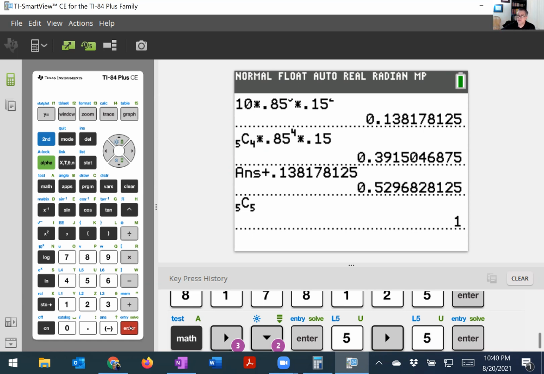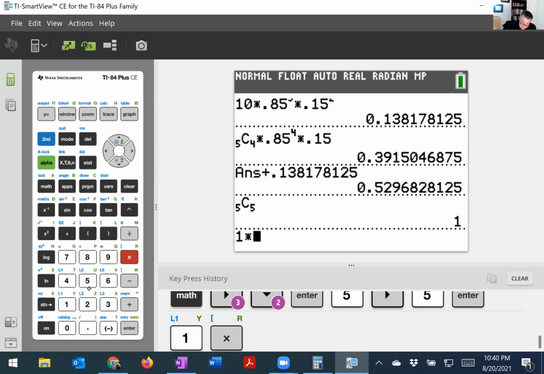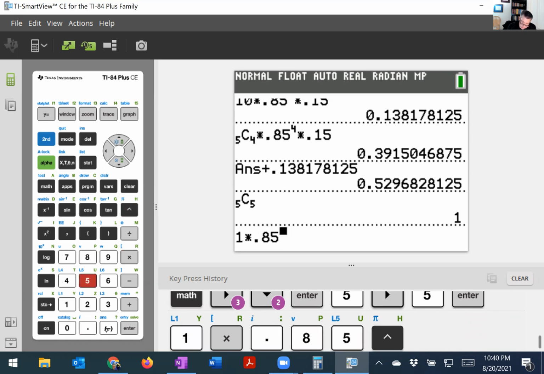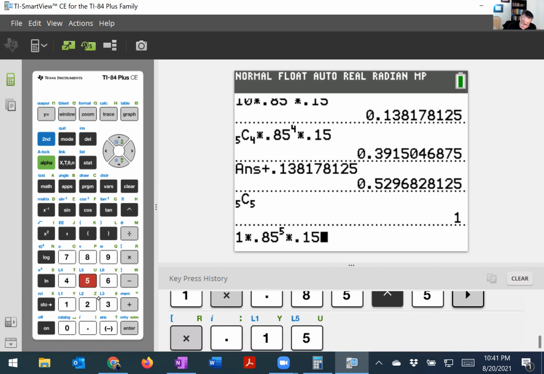So this is going to be 1 times 0.85 raised to the 5th power times 0.15 raised to the 0 power. But what's anything raised to the 0 power? It's not 0. What am I saying? It's just 1.